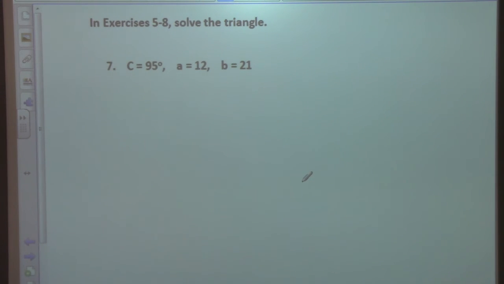Okay, for 5 through 8, solve the triangle. Okay, we'll choose somebody for that. You can get through 8, that'd be great today. Let's see, we got left here.